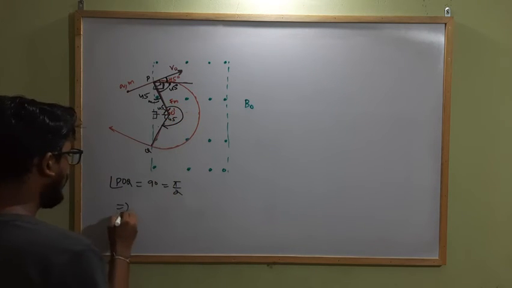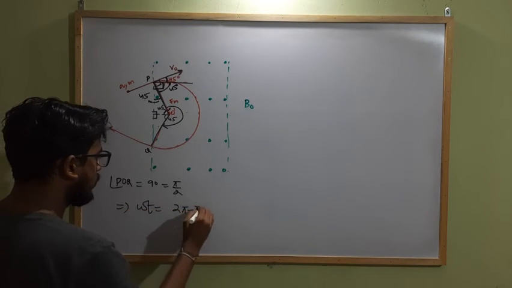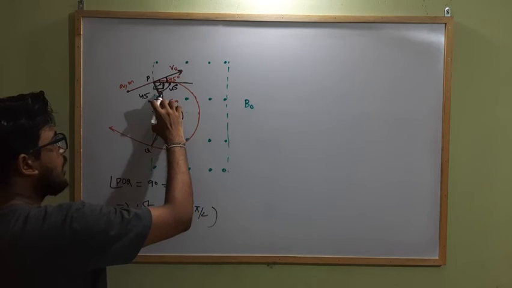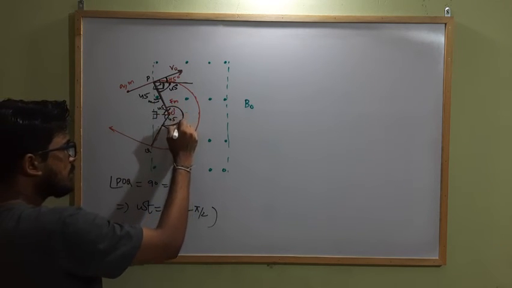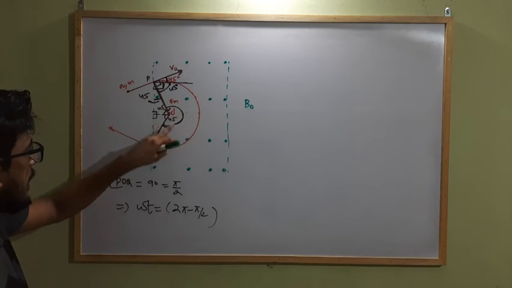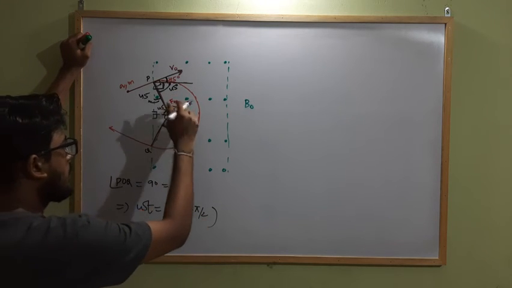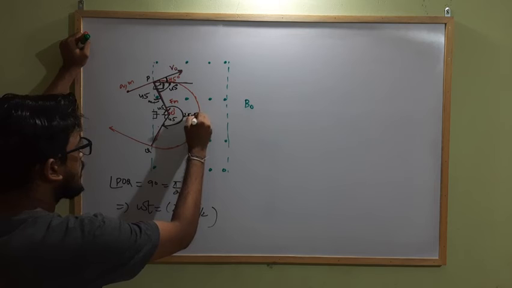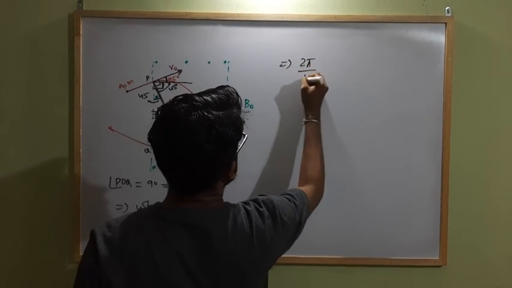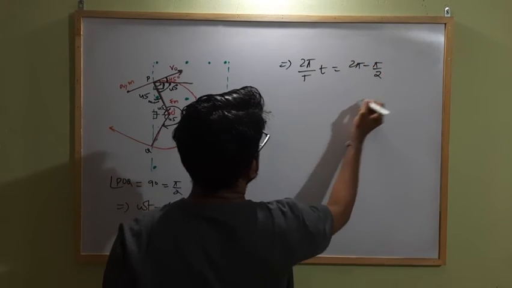This implies omega t will be given as 2 pi minus pi by 2. The complete angle is 2 pi. This is the angle through which the charge remains within the magnetic field. So if this is omega t, then omega t equals 2 pi minus pi by 2. So from this we can write omega as 2 pi by T, into t equal to 2 pi minus pi by 2.